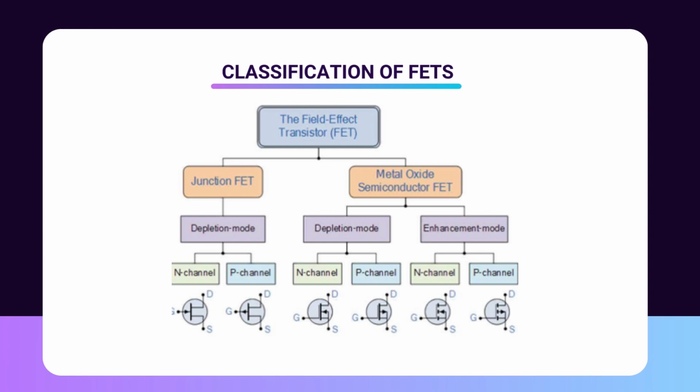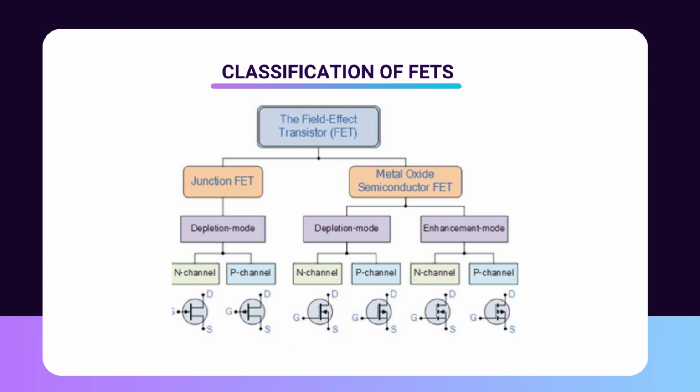Now, the junction field effect transistor only has depletion mode, while the metal oxide semiconductor field effect transistor, that is MOSFET, has depletion type and enhancement type. Now this bifurcation is again divided into P channel and N channel.